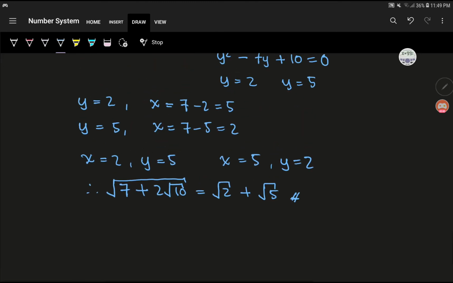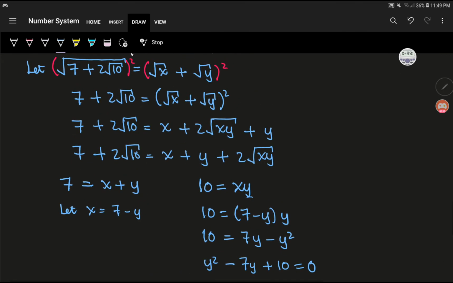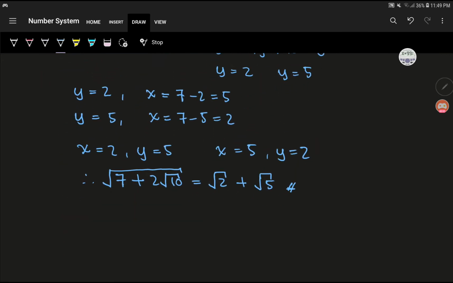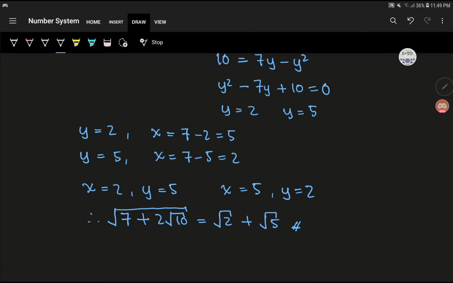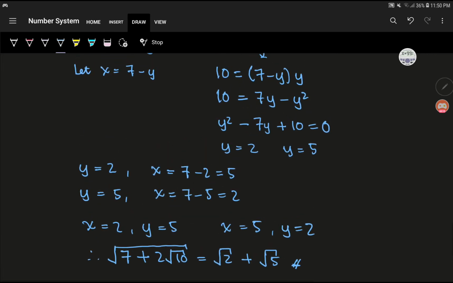That's all. Because if you see here, when x is 2, y is 5, and when x is 5, y must be 2. It cannot be another value. When you change the value, you get the counterpart of it. That's why I just left 2 plus 5, because √2 plus √5 and √5 plus √2 are the same. So this is our final answer.